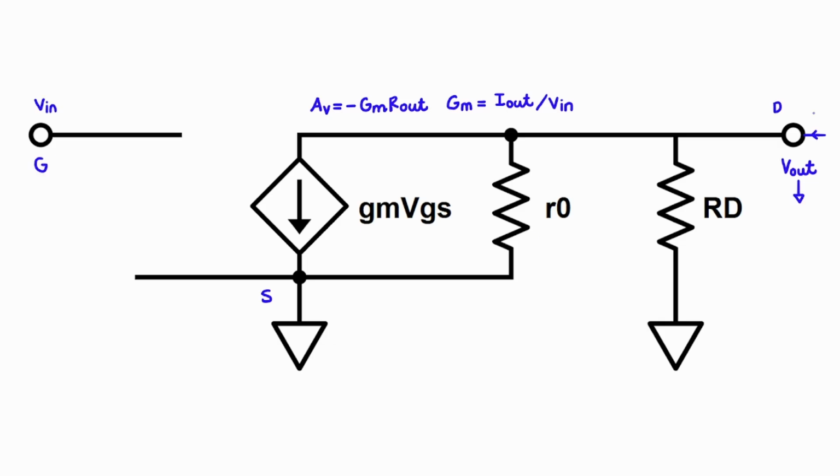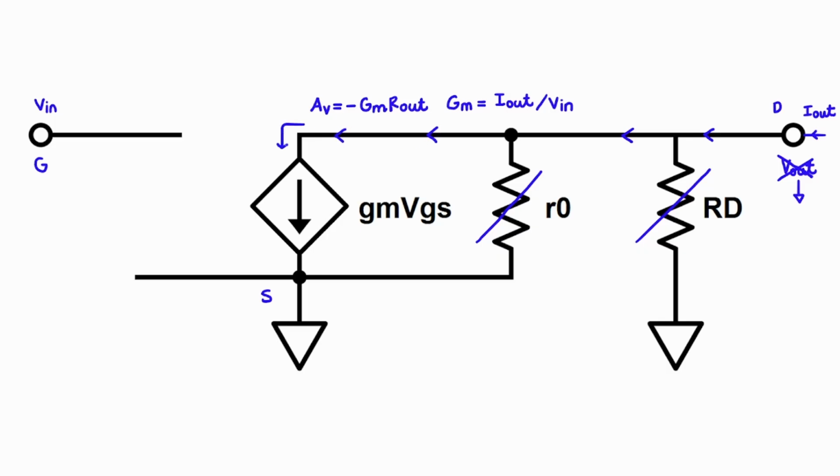the output. Our current flowing in this direction will pass right by the RD resistor. There is no voltage at the output, and current tends to be pretty lazy. If there's a path with no resistance, the current will just flow in that direction. Using similar logic, the RO resistor is also out of the equation.